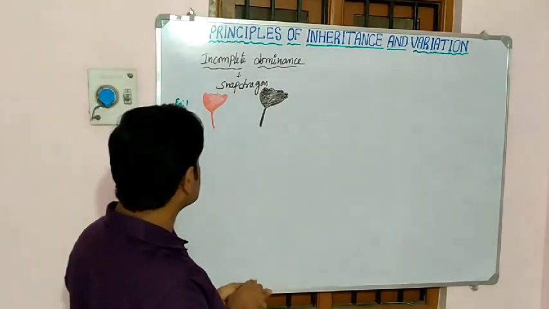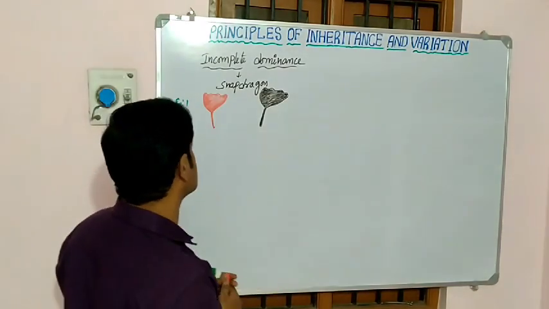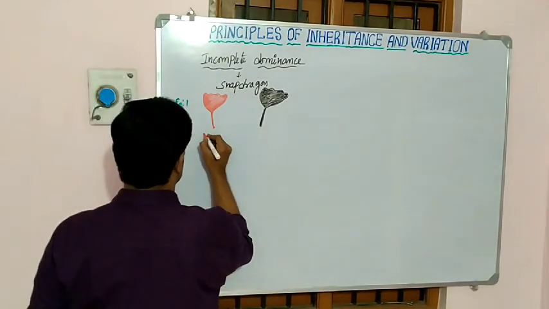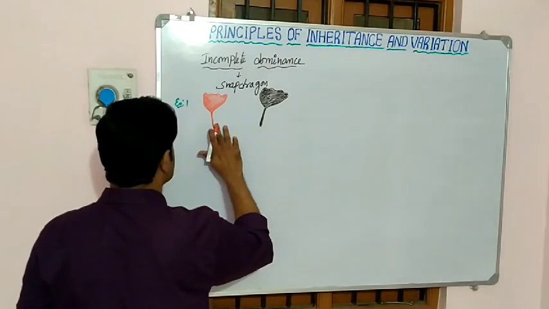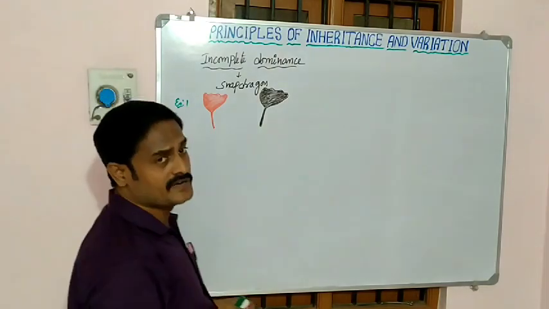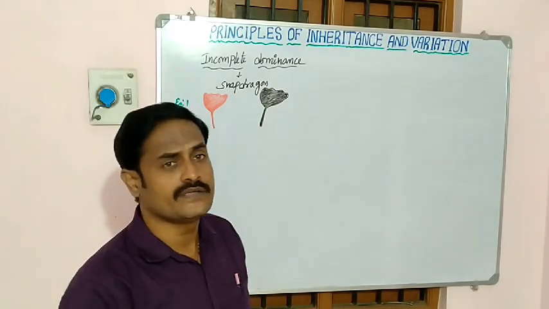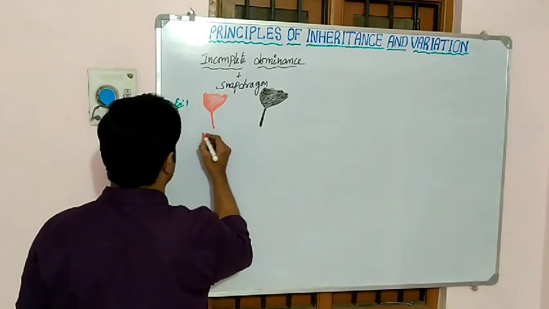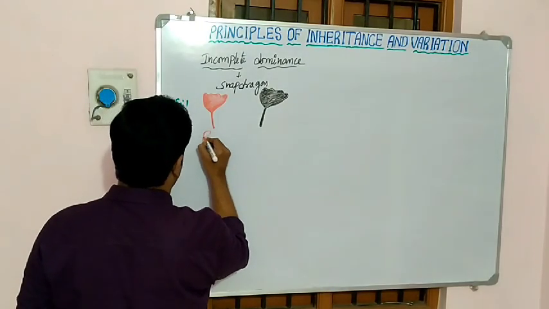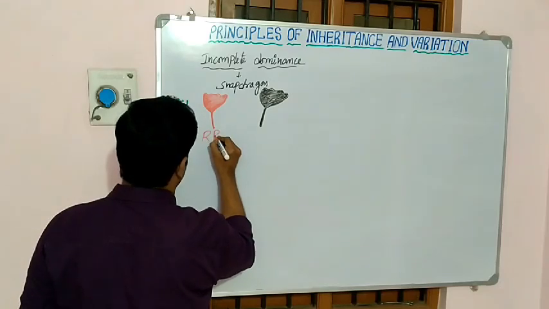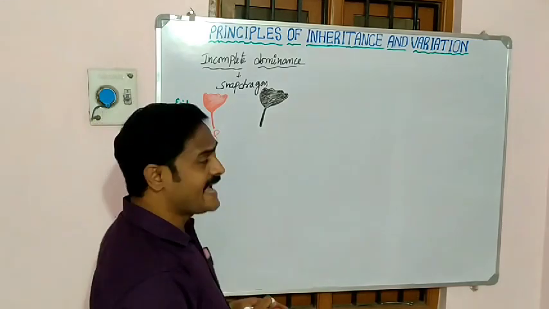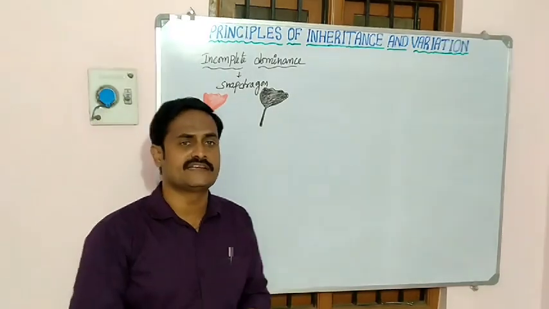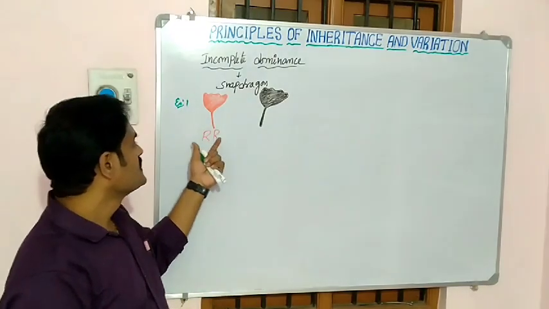For the character of the flower we are going to use some letters. For example, capital R and capital R indicate red color.